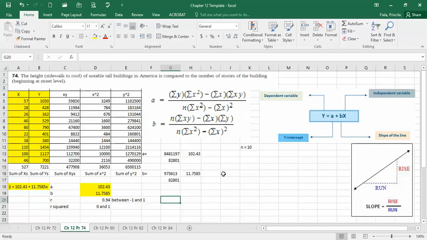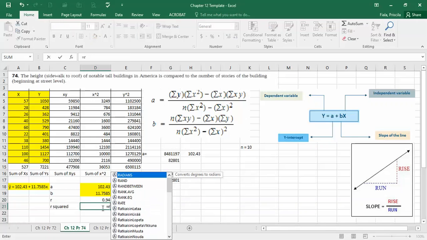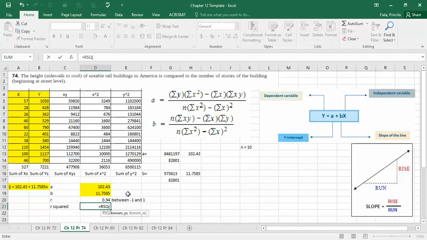The R square is just this value right here. So if you put R square, you could just do this times this, or R times R is the same, but let's just do it the way the formula tells us, and enter.